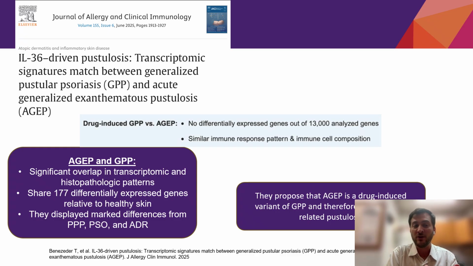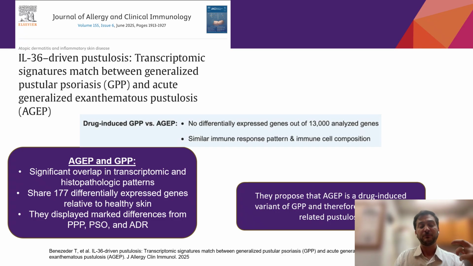They were called IL-36 driven pustulosis, and what they found is that they share 177 differentially expressed genes relative to healthy skin, and they displayed marked differences when compared to palmoplantar pustulosis, psoriasis, and other adverse drug reactions.